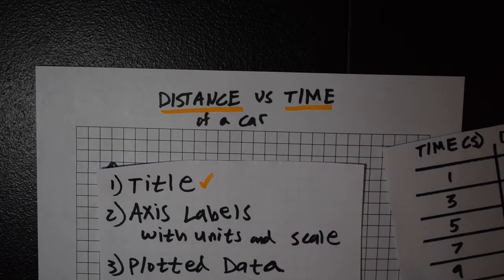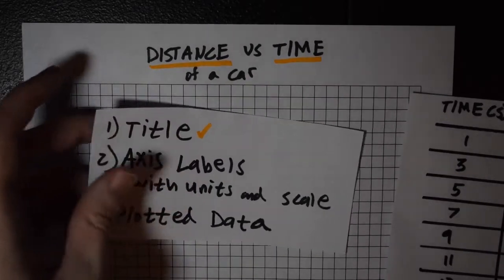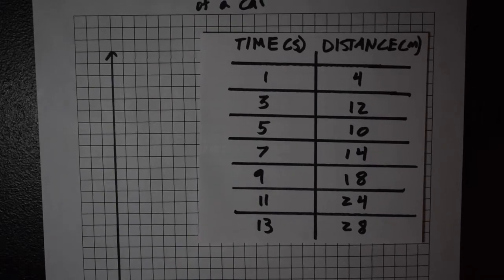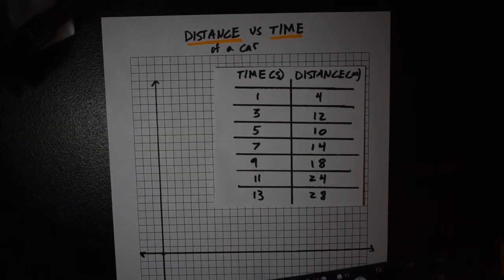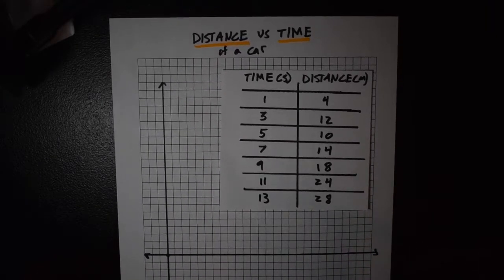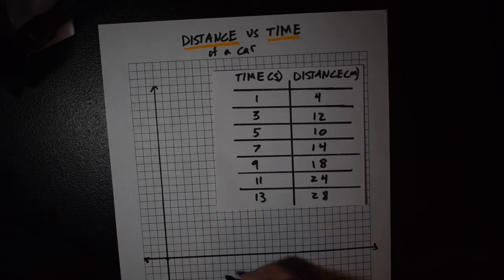Axis labels with units and scale. Okay, so let's move on to this one, axis labels with units and scale. Our two variables are distance and time, and we have two axes. So let's go ahead and say that this horizontal one is time, since that is our independent variable.